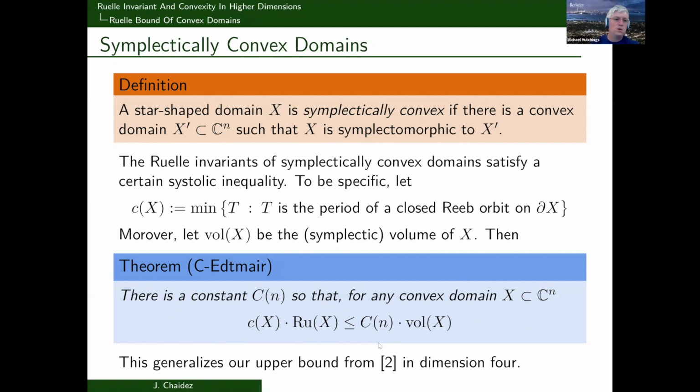I would have to think about it. With four-dimensional ellipsoids, the Ruelle invariant is just A plus B, but when you can embed one ellipsoid into another, it's very complicated. Oh yeah, right. The other question is monotone with respect to any symplectic embedding, right? Is that what you're asking?